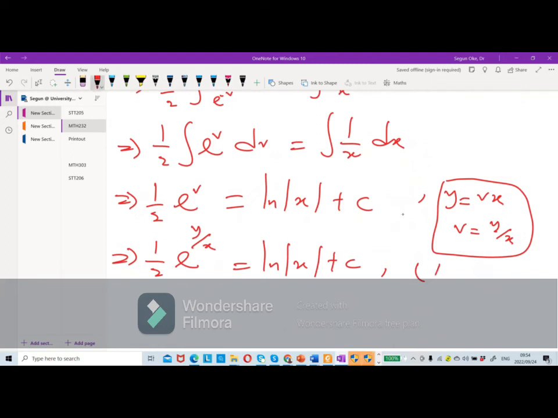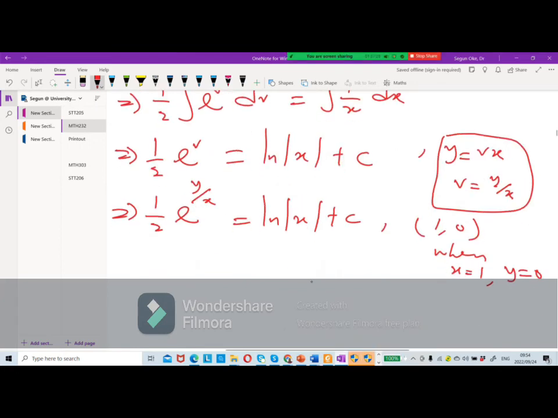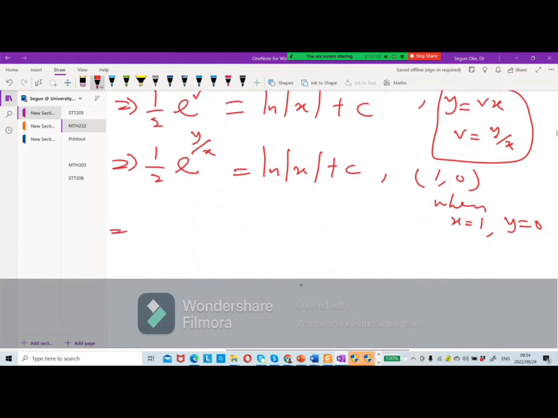It's just 1, 0, meaning when x equals 1, y equals 0. So let's substitute it here. So we have it to be 1/2 e to the power 0/1, which is the same thing as ln 1 plus c.